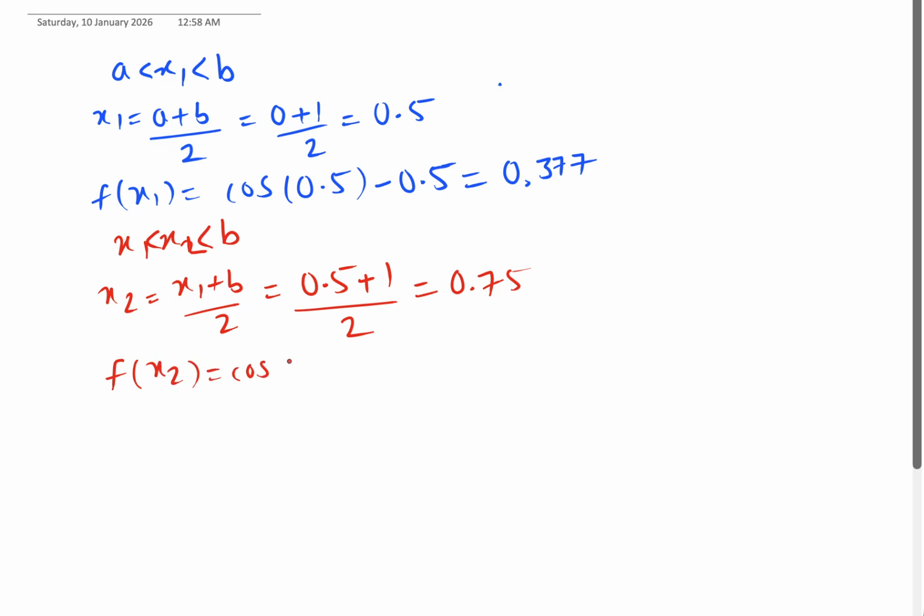It will be cos of 0.75 minus 0.75. Cos of 0.75 minus 0.75 is negative 0.01.